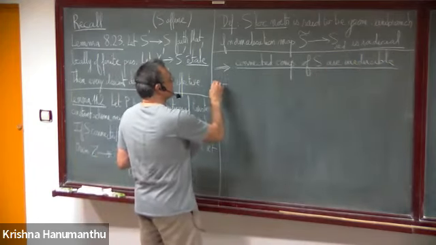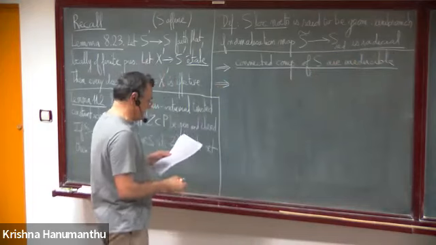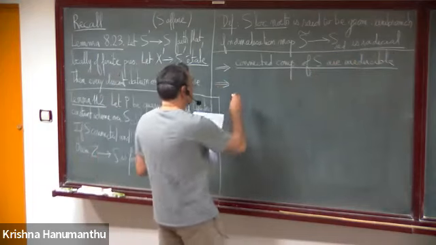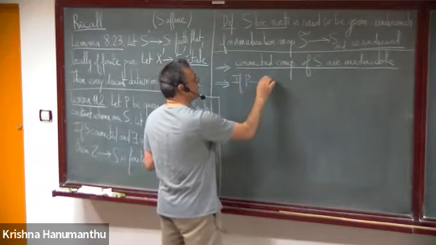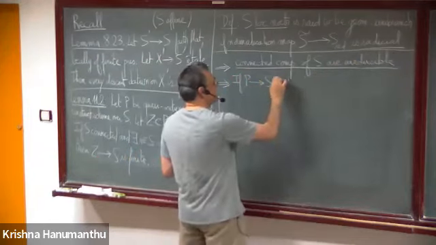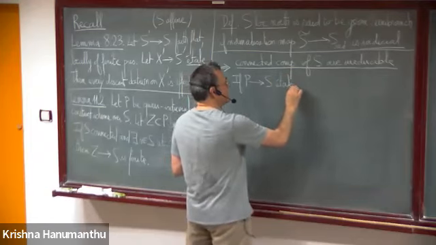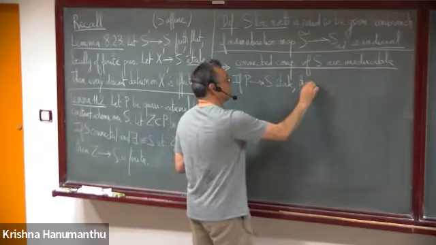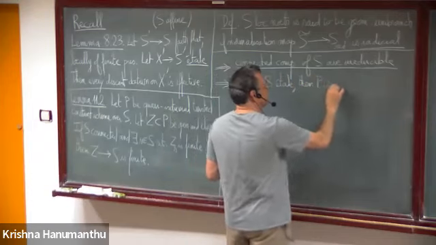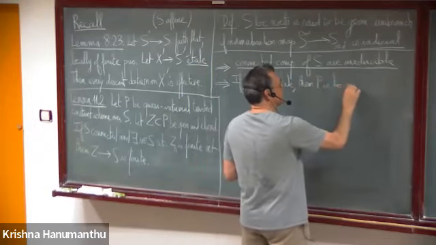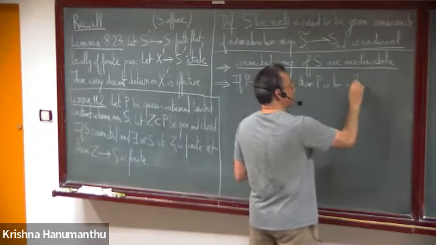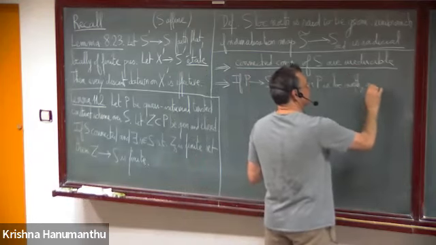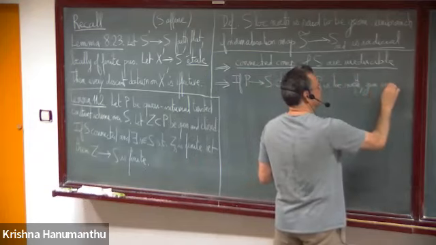This is also preserved by etale maps. That is, if we have a morphism P to S which is etale, then P is locally noetherian and also geometrically unibranch.